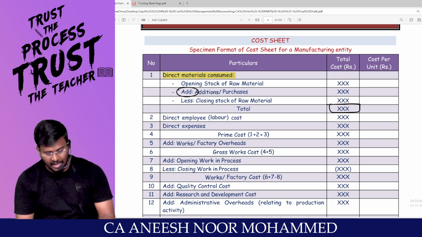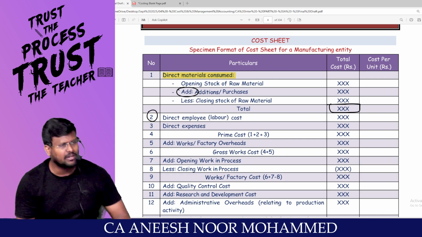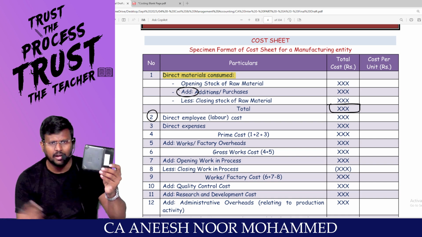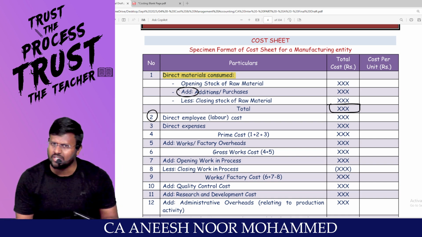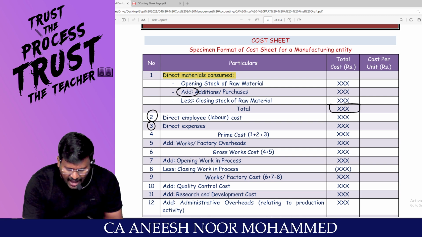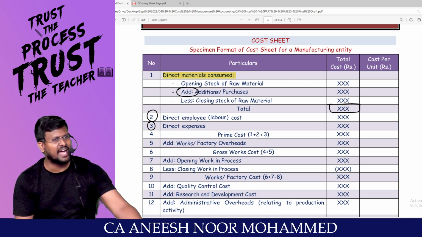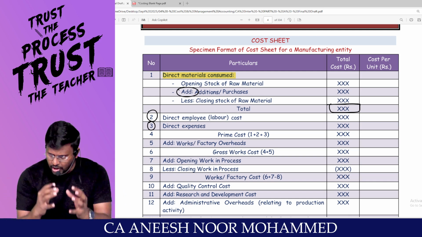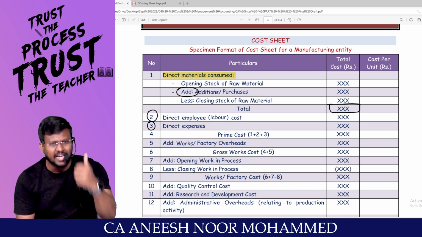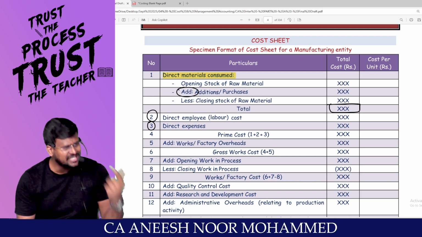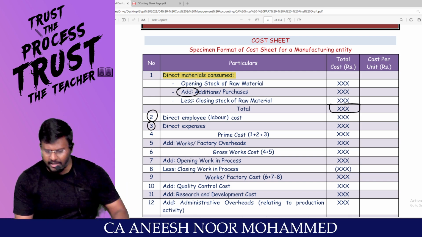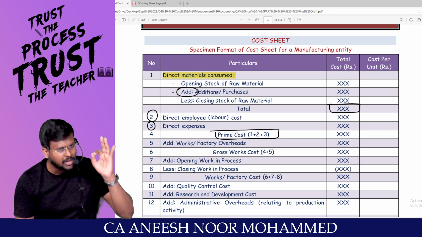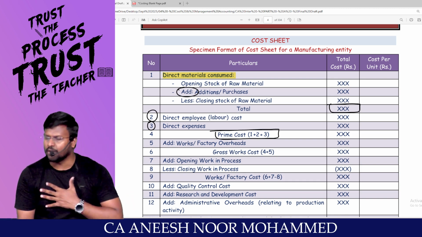Add direct labor. I am having material in my hand, now I have to incur the labor cost. Add direct expenses. In costing, the aggregation of direct material consumed plus direct labor plus direct expenses is called the prime cost, the primary cost which I am incurring to manufacture a product.